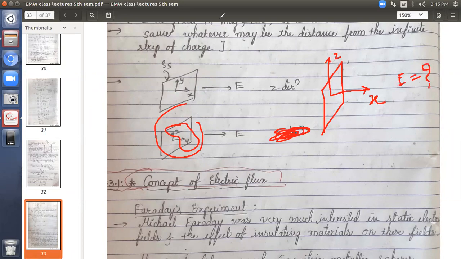So two questions I have put. One is, for this particular figure, when the sheet is kept in the YZ plane, which component of the field will exist? What is the answer? Quickly.